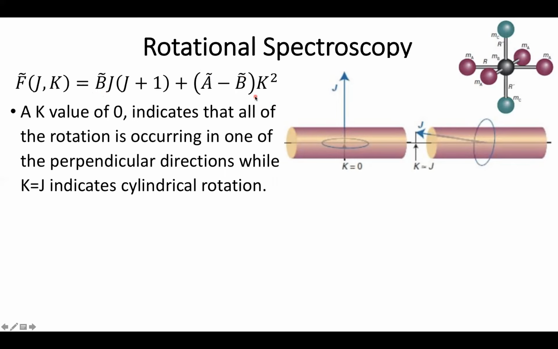However, my K can go all the way up to a value of J, which would indicate that almost, but not quite all, because of orthogonality, almost all of my rotation is going to be just that cylinder rolling along. And it can either roll forwards or backwards.